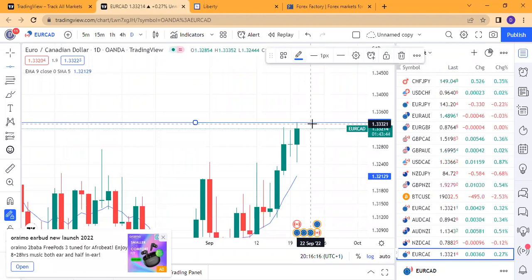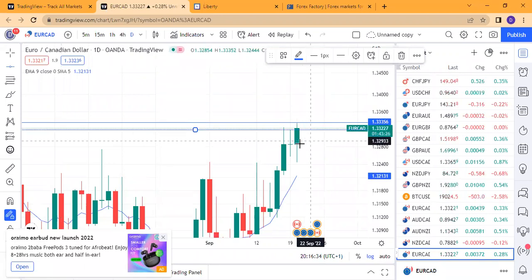Remember, for a sell, we mark the lower, but for a buy, the upper, so that you can just take note. Okay, now you mark this up again. This is the present daily, then this is the previous daily. Now this candle is a doji candle, so I'll just take it.